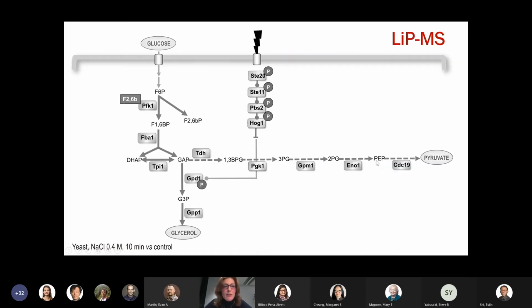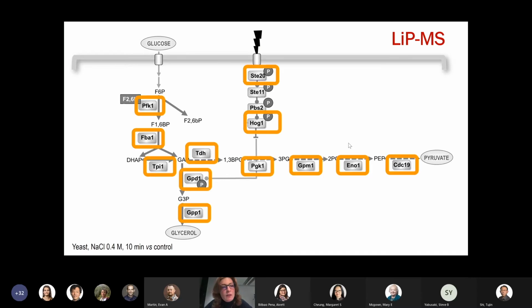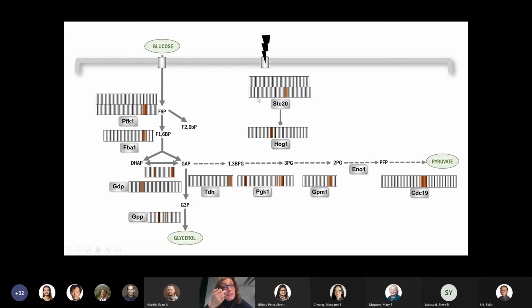Now let's go back to the pathway we were interested in. Of all the proteins you see here, the ones in orange are the ones that underwent a structural change based on the LiP readout. These 2 you see here in gray we did not capture. And again, the surprise came when we looked at where these structural alterations occurred. So what you see here is the structural barcodes.